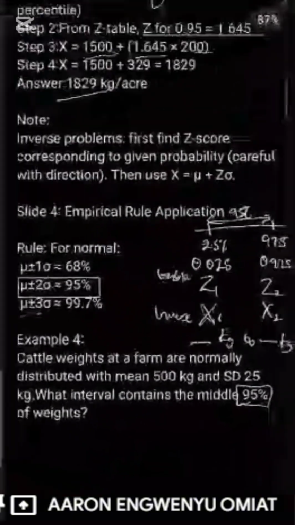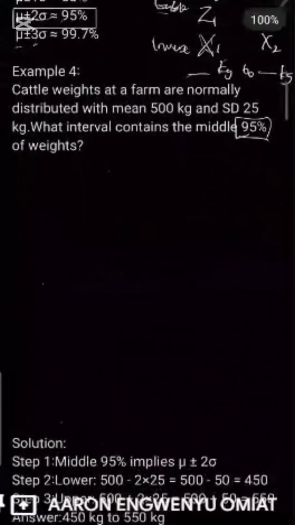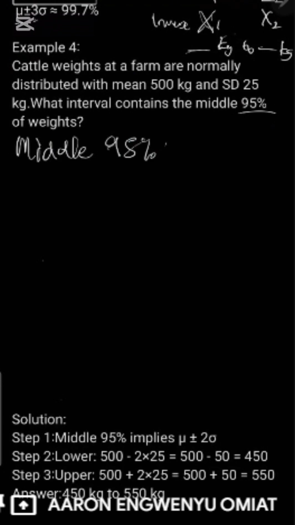But now, with our knowledge of the empirical rule, we don't need to go through all those steps. There's a shorter way, and that's using the empirical rule. When we see 95%, we immediately think of two standard deviations. So the middle 95%, these are rules, so you have to master them, lies between the mean plus or minus 2 sigma.